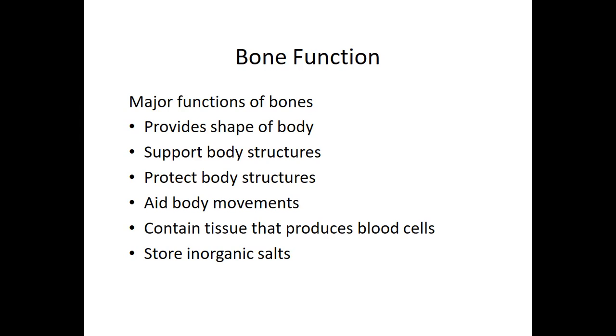It contains tissue that produces blood cells, so that bone marrow in the epiphysis and diaphysis of your bone is where your blood cells are produced, and your bones store those inorganic salts that are there to help strengthen the bone, but they're also there as a reservoir for later use if your body needs those nutrients for other processes.